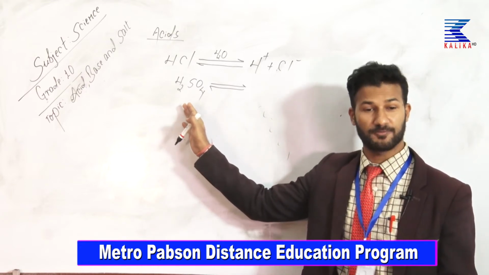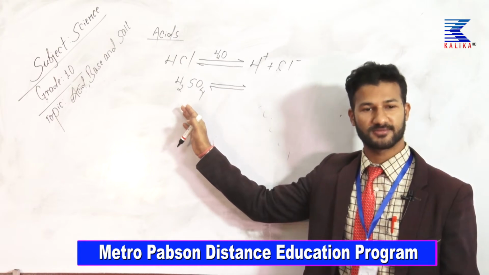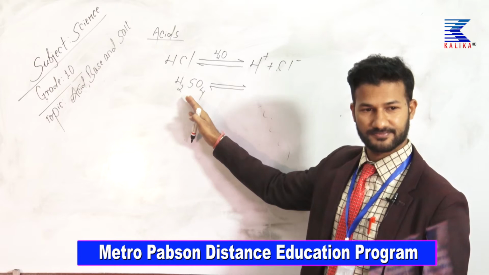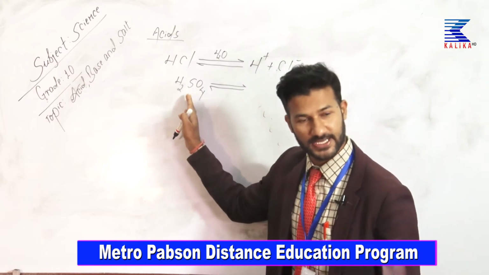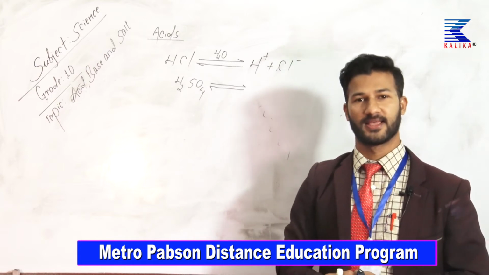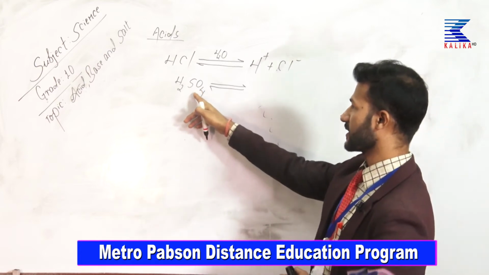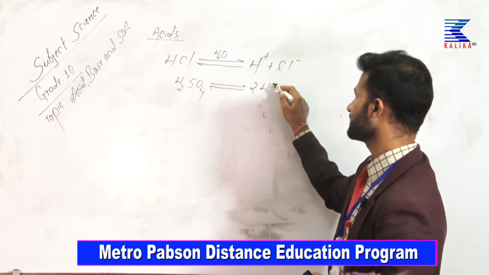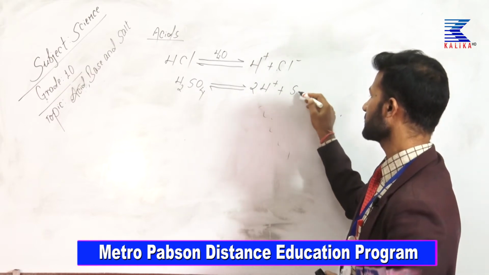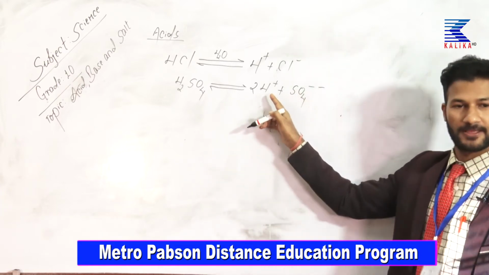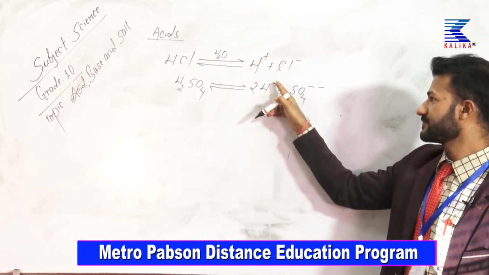It has very low pH value, means it is very strong. That is why it is called the king of chemicals. Anyway, it is H2SO4, sulfuric acid. So what happens when it is dissolved in water? When it is dissolved in water, it also produces hydrogen ion and sulfate ion. See, this is hydrogen ion.